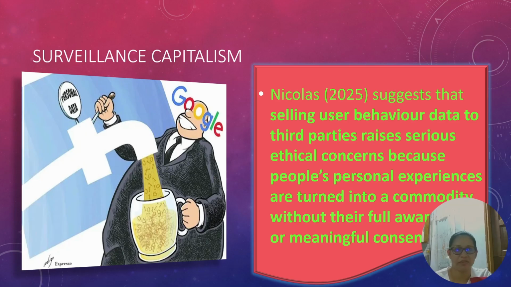Okay, so another ethical consideration. Now, Nicholas 2025 suggests that selling user behavior data to third parties raises serious ethical concerns because people's personal experiences are turned into a commodity without their full awareness or their meaningful permission or consent.